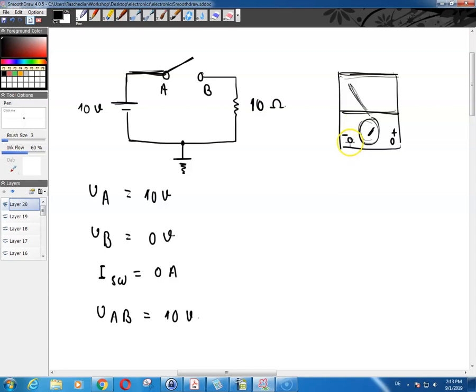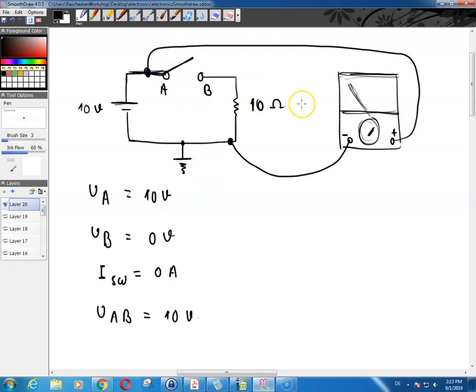Now if you connect this black piece of wire to the ground, and if you connect this red piece of wire to here, and you set this to, for example, volt DC, then you're reading the voltage between the ground and point A, meaning that you're measuring the voltage of point A with respect to ground, which is V of A, which is 10 volts.